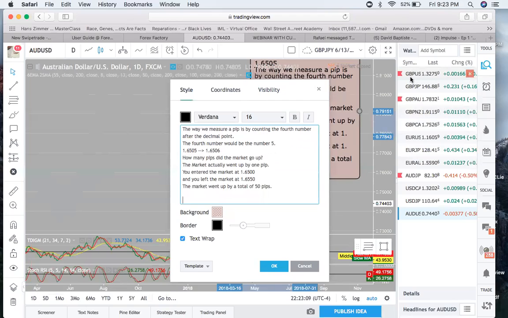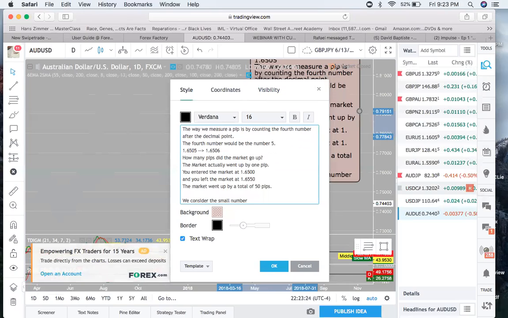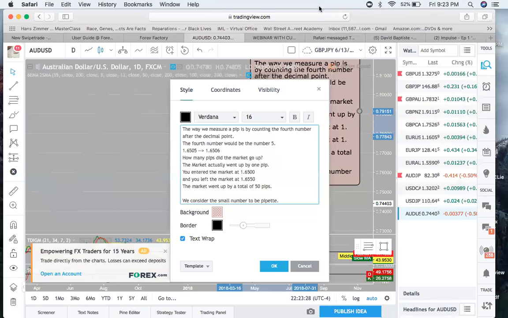But as you can see, majority of these pairs actually have a small little number next to it. We consider the small number to be a pipette. We don't really calculate the pipette when we're trading into the market.